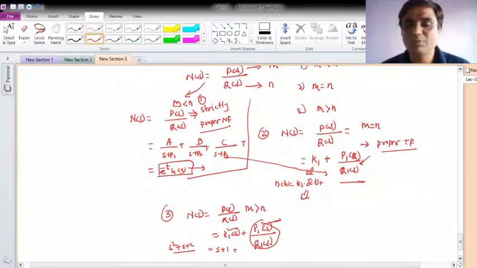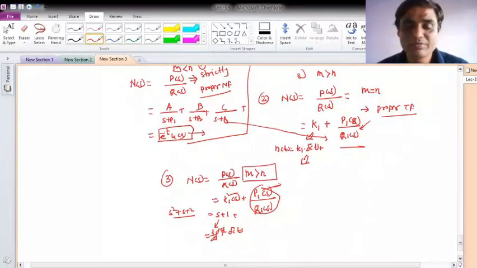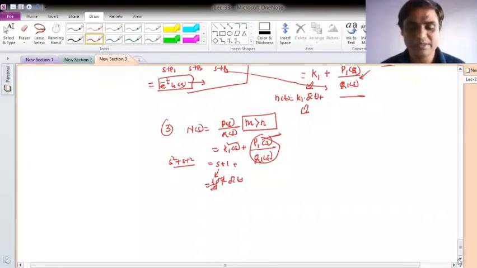If I take the inverse, what I can observe is that I will get the impulse plus the derivatives of impulses, because of the s or s² factor. So if the degree of the numerator is greater than the degree of the denominator, then I will get impulses and their derivatives in that particular network function.